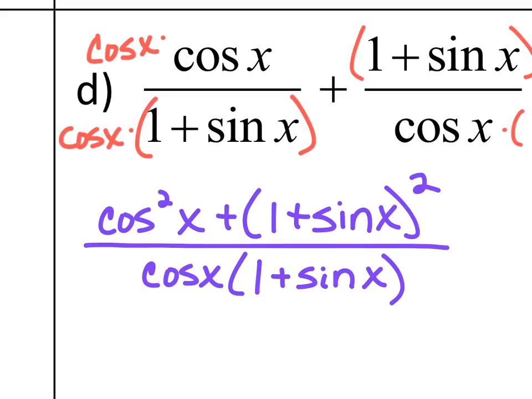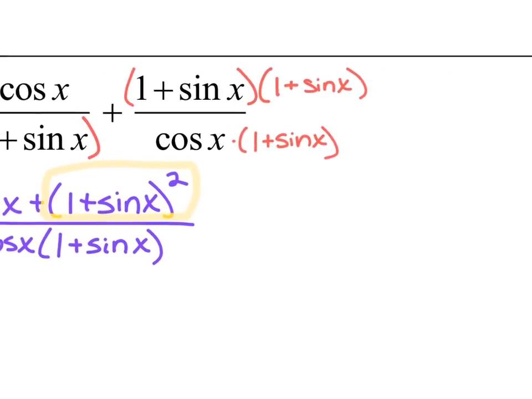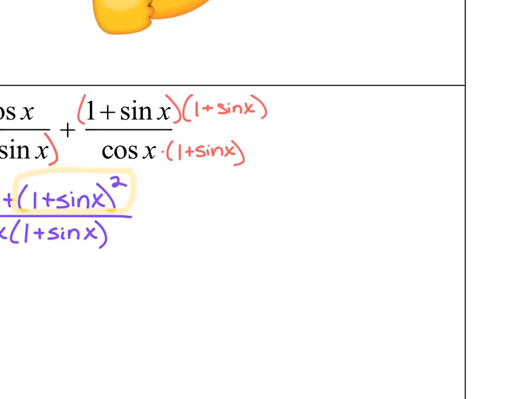Now, take a minute and see if you understand what I mean when I say that you want to FOIL 1 plus sine of x times 1 plus sine of x. So if you know what I'm talking about, snatch a little space on the side of the page and write that out, or watch me write it out over here.